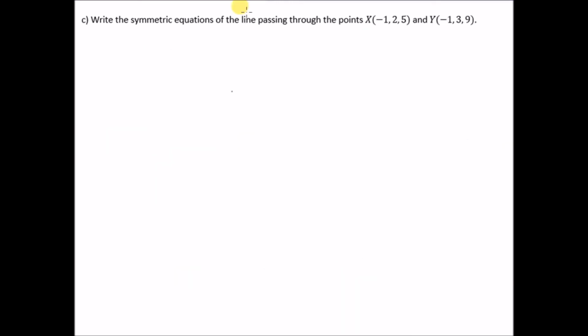Okay, in part C, write the symmetric equations of the line passing through the points X and Y. Again, let's find our direction vector. So let's go Y minus X. So we get negative 1 minus negative 1, comma, 3 minus 2, comma, 9 minus 5.